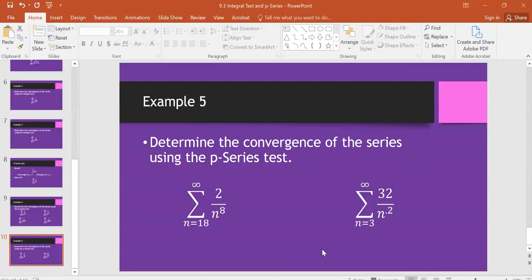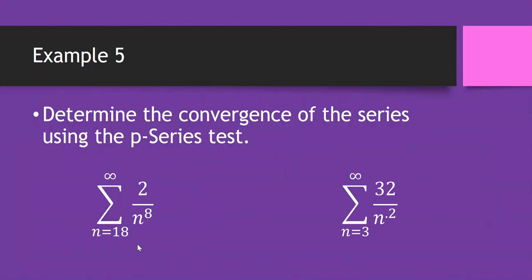So when you look at these two problems, take the infinite series 2 over n to the 8th, starting your count at 18 and going to infinity. Well, all we have to do is say, oh, that's just the p series. p is equal to 8. 8 is bigger than 1, and therefore this series converges.